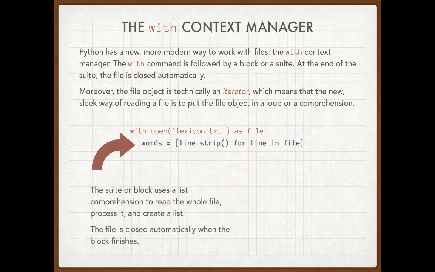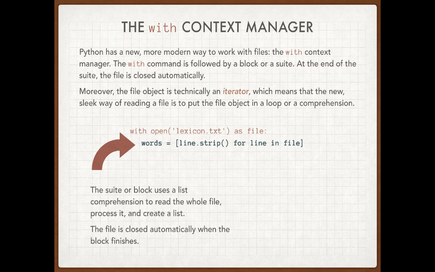Now, the cool thing, because it's an iterator and because I can put it into a for loop, that means I can use comprehensions. So you'll notice here that I'm not necessarily using read or read line or read lines plural, although I could. But now, because the file object is an iterator, it opens up to me the possibility of comprehensions.